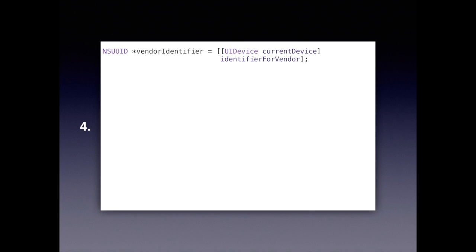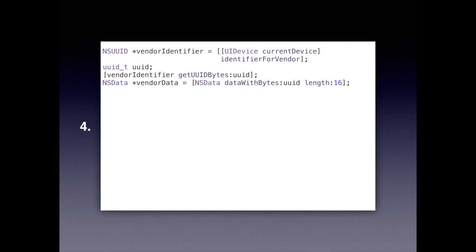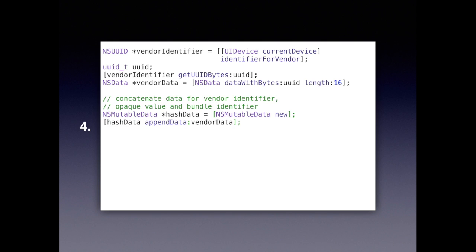Because it's essentially checking the SHA-1 of the receipt. And the SHA-1 is a combination of the vendor identifier that's concatenated into this SHA data. Then it adds an opaque value, which is some random string that's in the receipt, which you pick out, that also is added to the hash data.